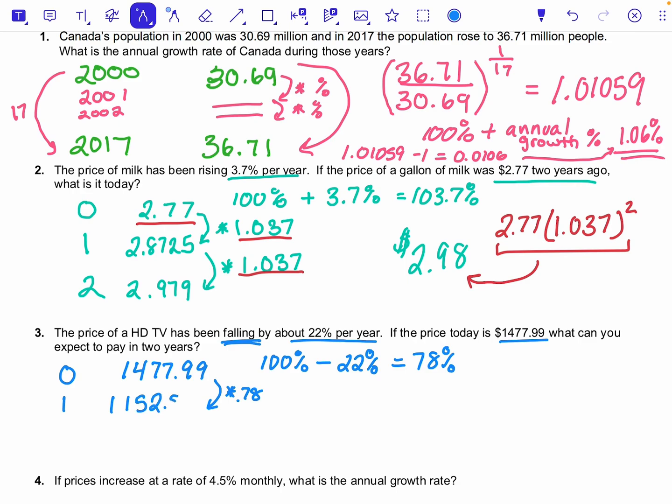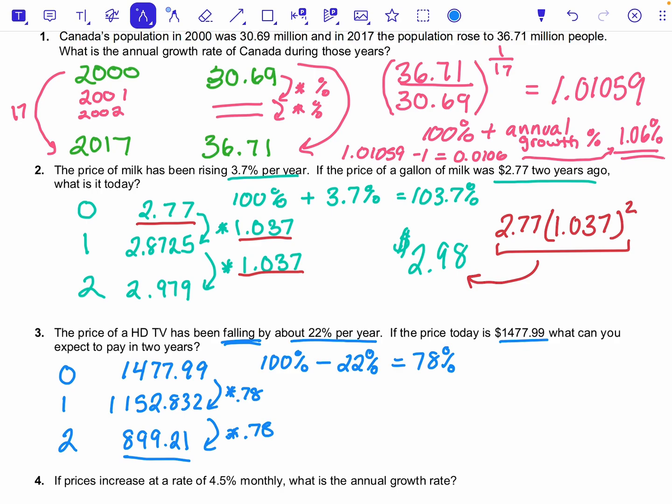$1,152.83. And then in 2 years, it drops again the same amount, because remember, it's a constant relative rate of change. And that time now it's 899.21. So that would be the cost of my TV.